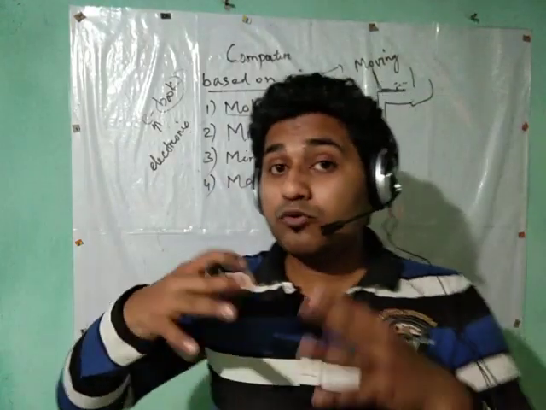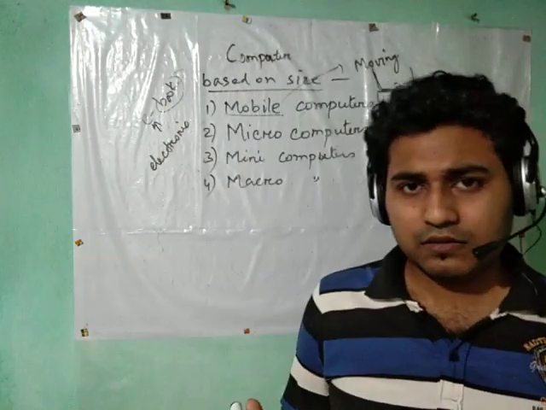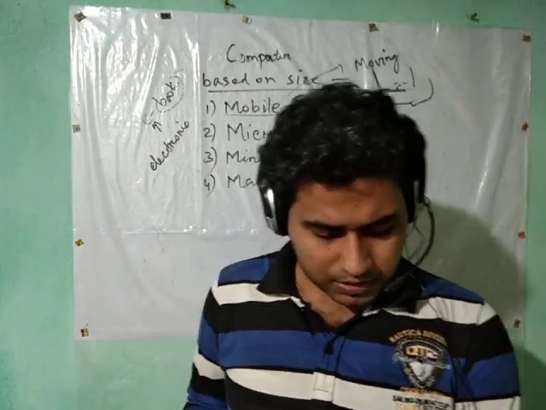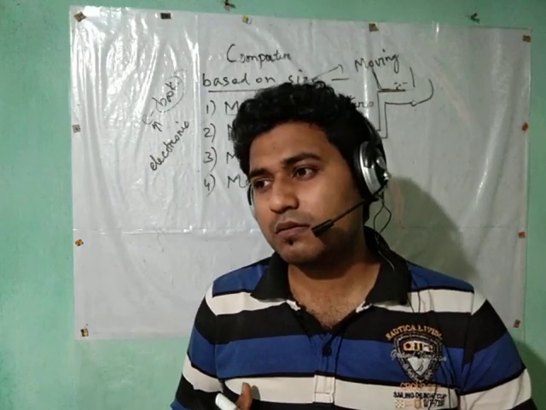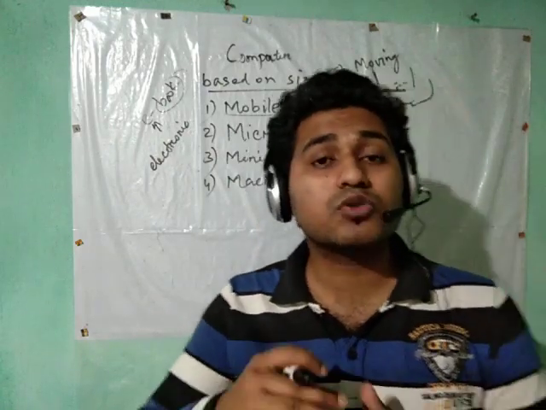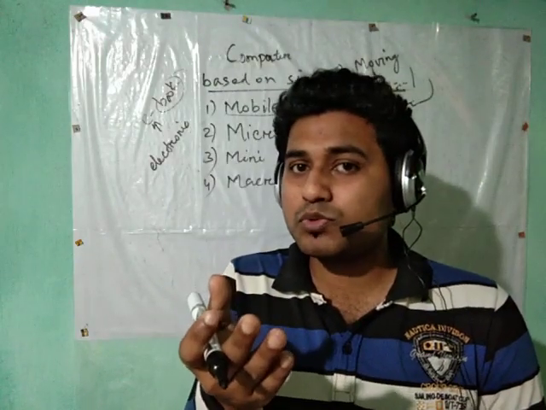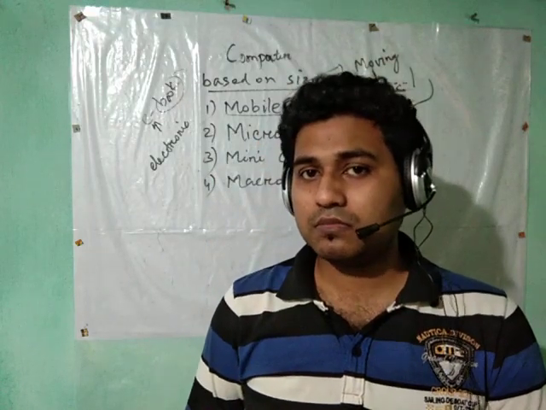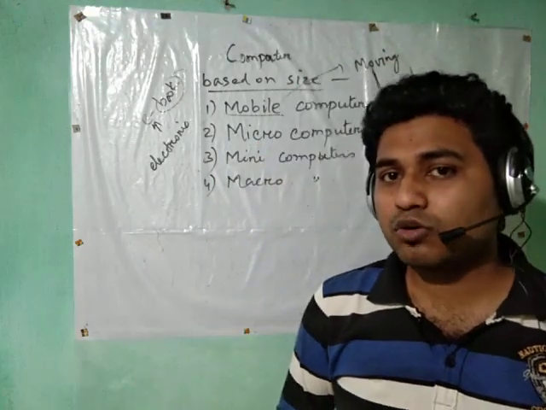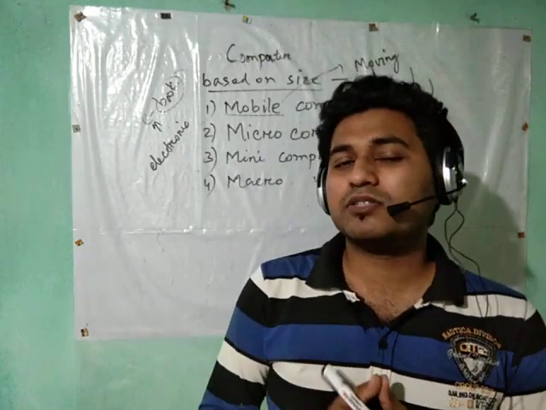Now we will move to the next, a bit larger than this. The basic part of mobile computers being discussed, we will now discuss something a little bigger, and those computers will be known as microcomputers. Though the name given is micro, mobiles are very much smaller as compared to microcomputers.